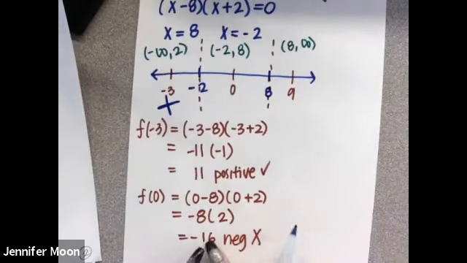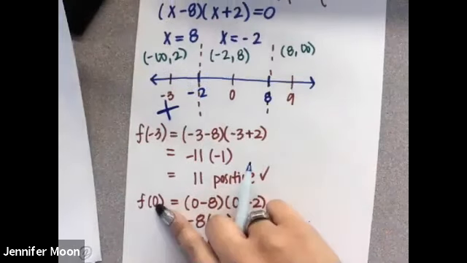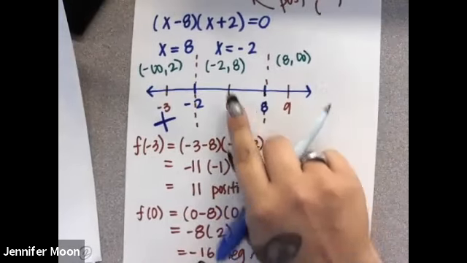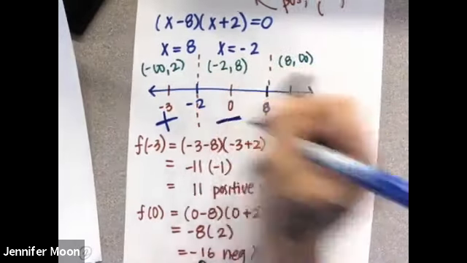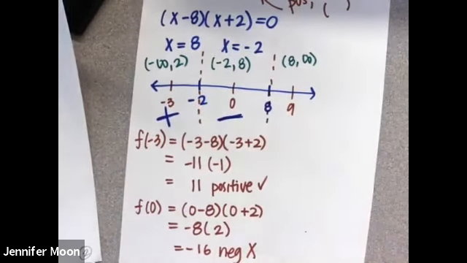When I got -16, that came from plugging in 0. My 0 came from this interval. My 16 was negative. So you can do a negative sign right there. And you're doing this for a reason, y'all. On the next problem, you'll see what I mean. It's a shortcut to not have to solve every single one, okay? Once you get to this point.